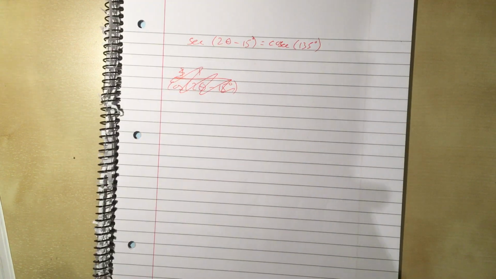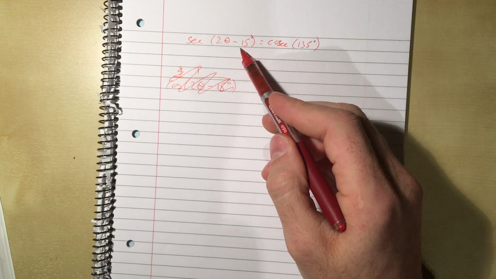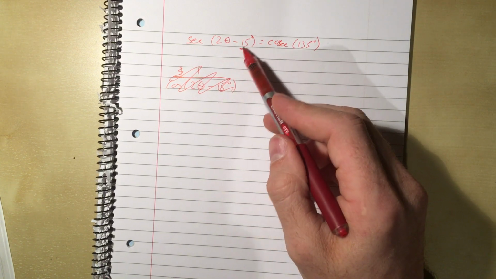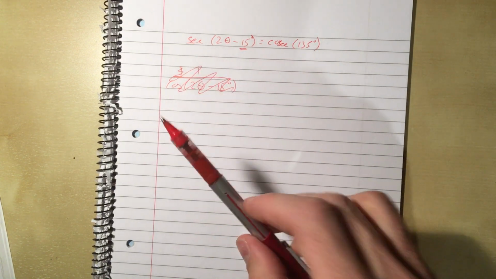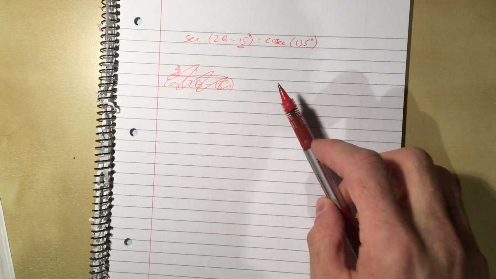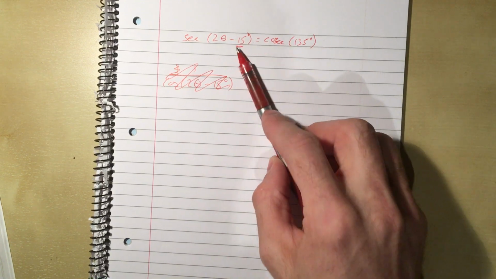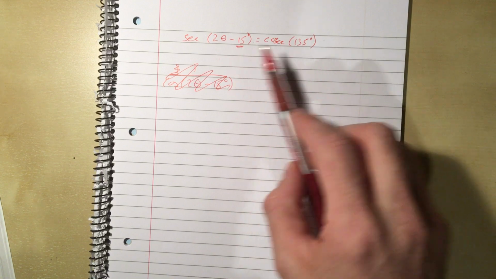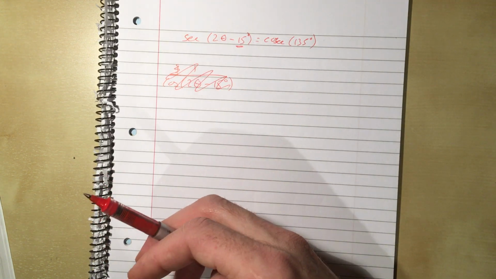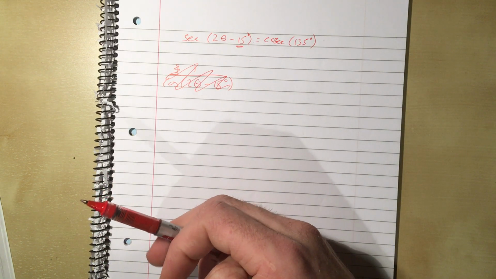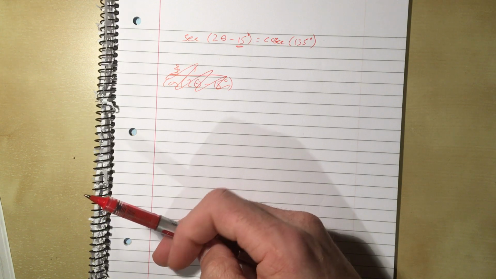Fair enough. I'm also noticing that the 15 is the gap between 30 and 45 and the gap between 45 and 60. So exact values of trig identities might be something which is going to help me out here, okay?